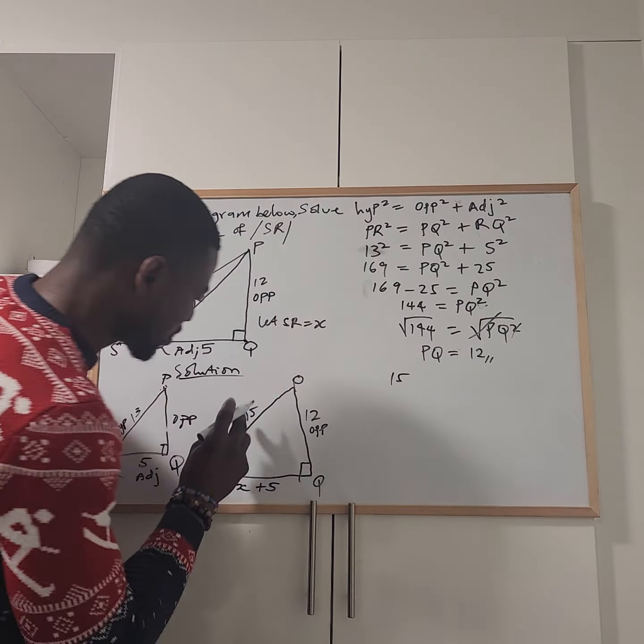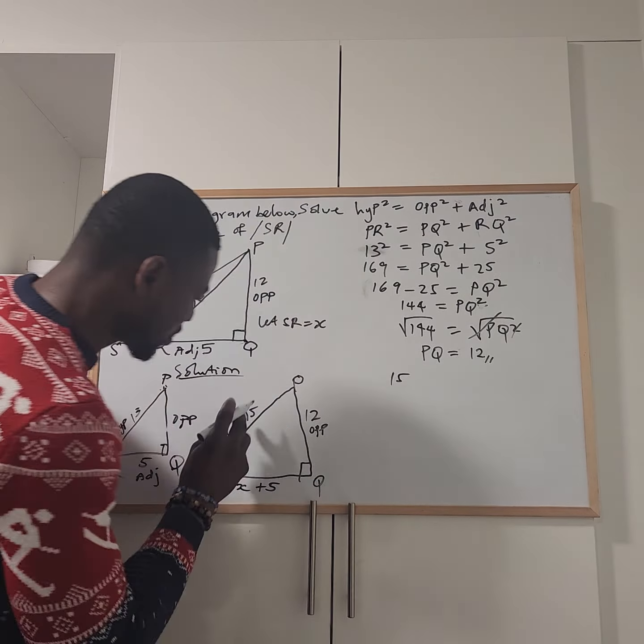X times 5 is plus 5x. 5 times x is another 5x. 5 times 5 gives us 25. So this leaves us with x squared, 5x plus 5x gives us 10x, plus 25. So we just need to carry this value and put it here.